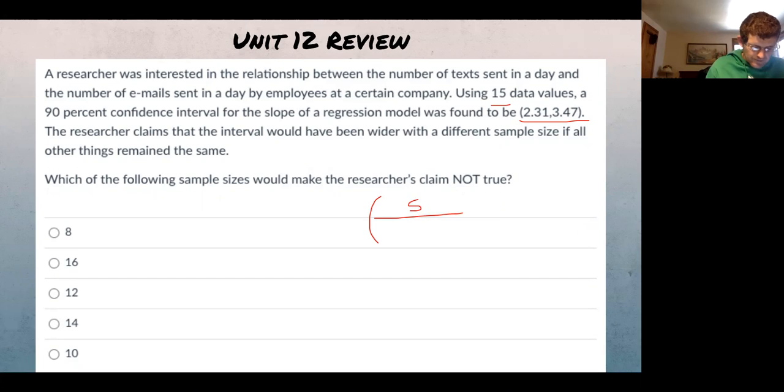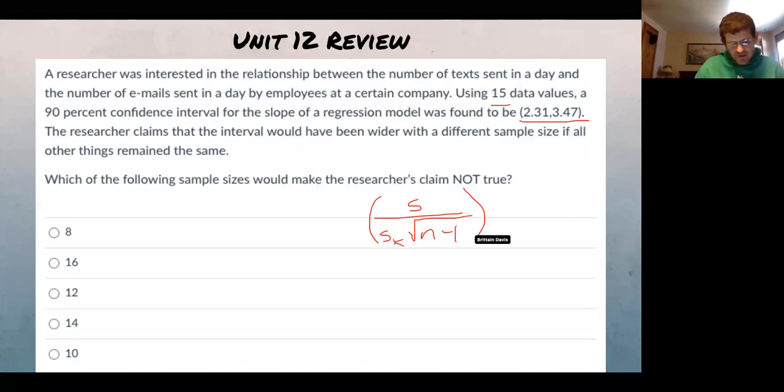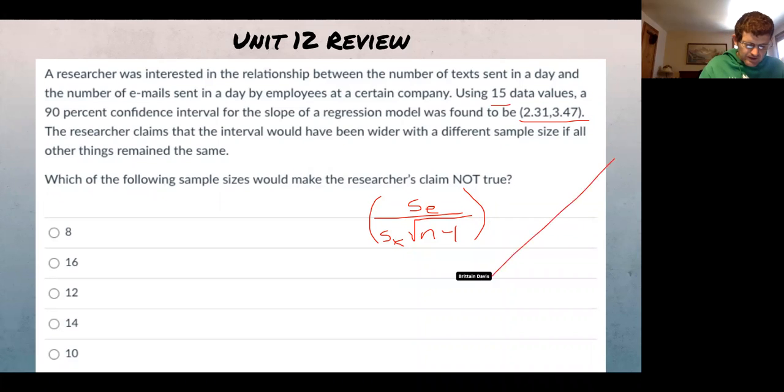So we've got n minus 1. So this is the standard error calculation. And this is the standard deviation of our residuals. So if your data is more tightly packed around the regression line, that's going to decrease the width. So the smaller your residual standard deviation is, the better.